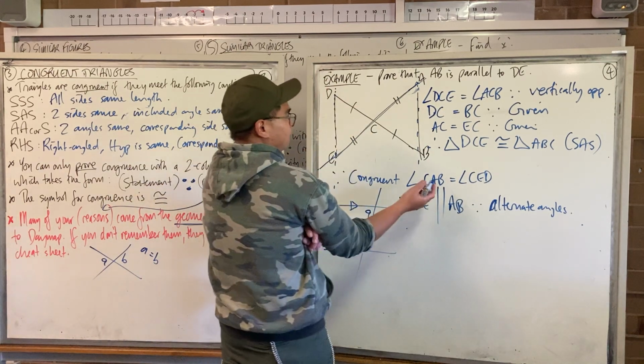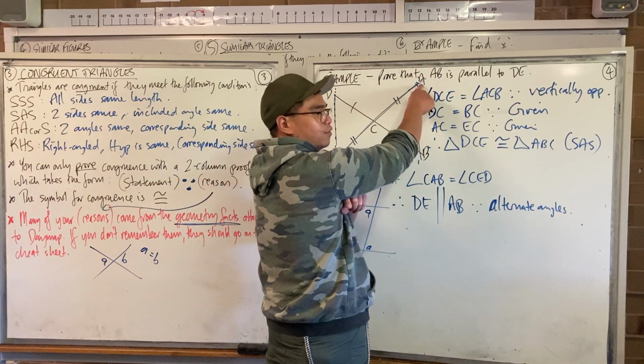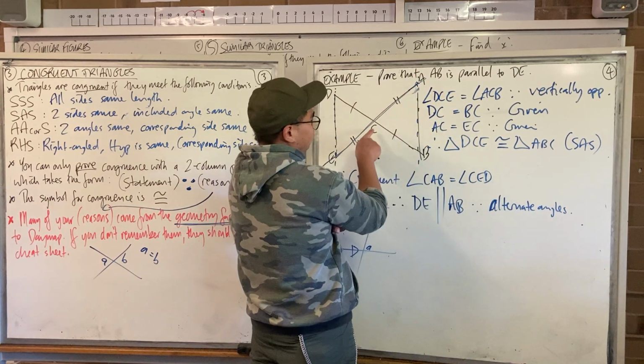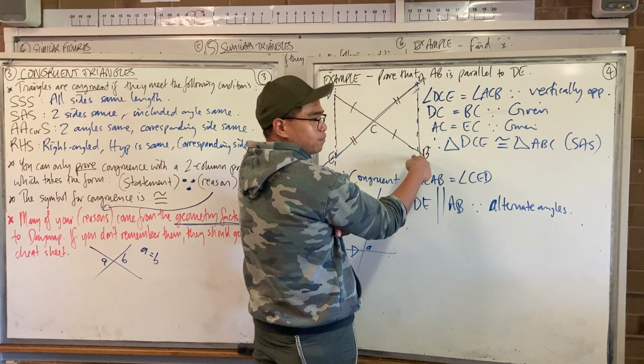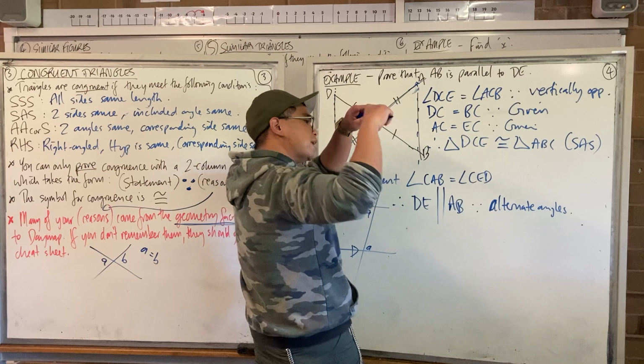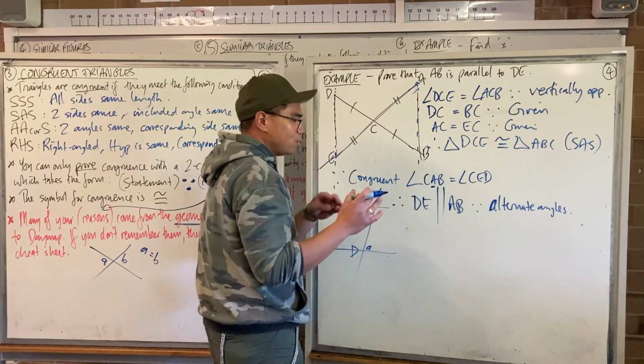I can't just say the angle is A. A is that corner of that shape. The angle is formed between C, A, B. So the center, where it bends, is the middle. It's just so that we've got clarity.